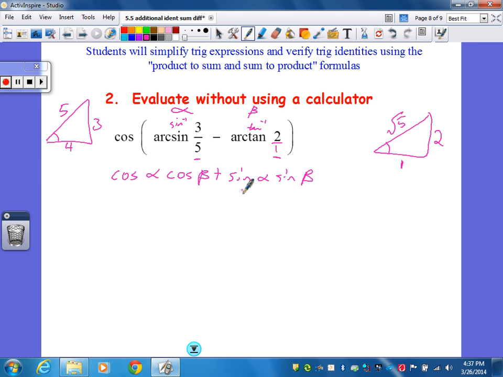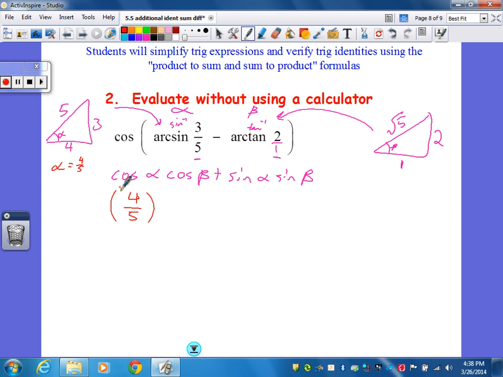Well, beta is going to be this triangle, whereas alpha will be this triangle, because this triangle relates to my alpha, and this one relates to my beta. Okay, so I'm going to find my cosine alpha of this angle. So cosine alpha is 4/5, because that's the angle we're looking at.